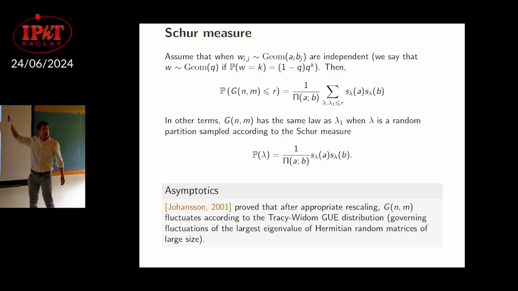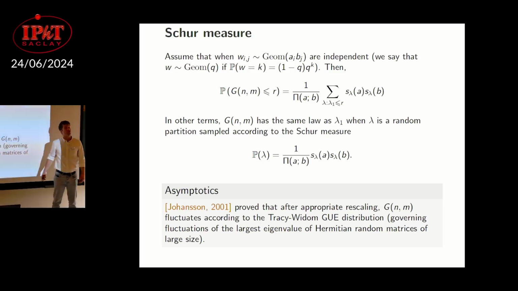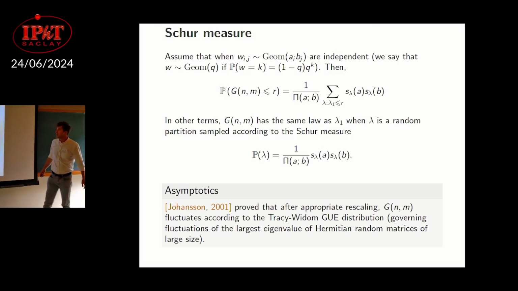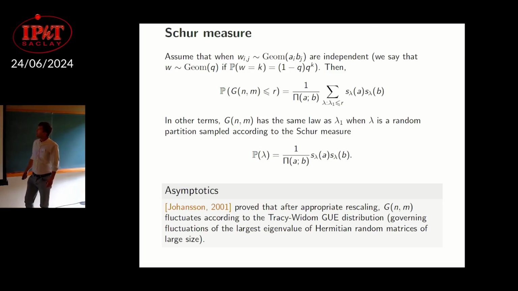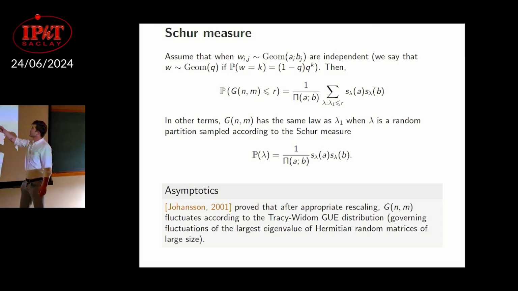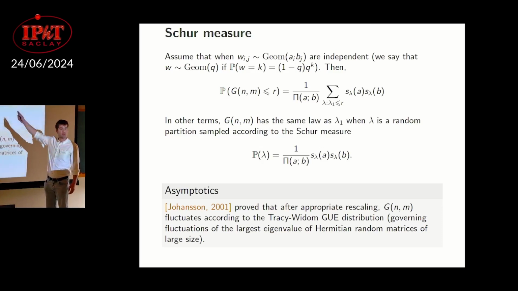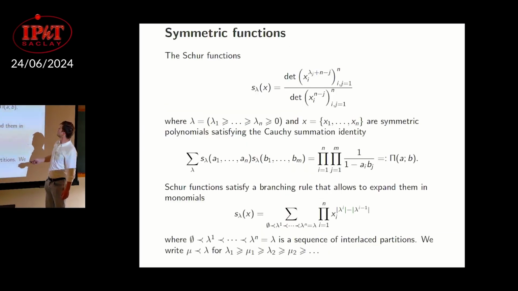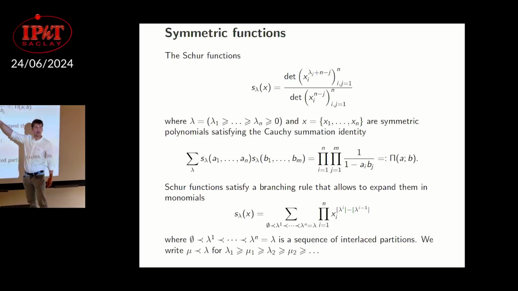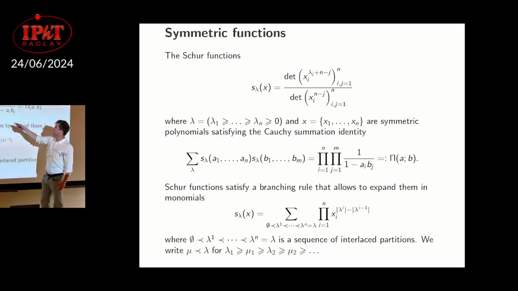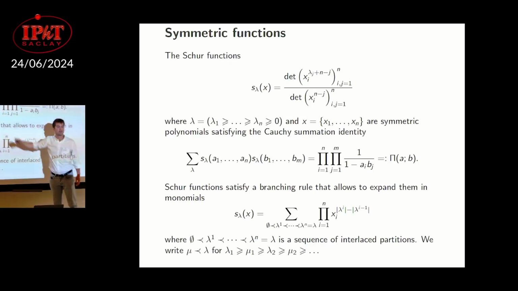Another way to state that is that G(n,m), this last passage percolation time, as it is called, has the same distribution as lambda 1 when lambda is sampled according to the Schur measure, that is the measure on partitions proportional to s_lambda(a) s_lambda(b). The pi(a,b) is something that we need to normalize this as a probability measure. So if we divide everything by pi, we get 1, so that this is indeed a probability measure.